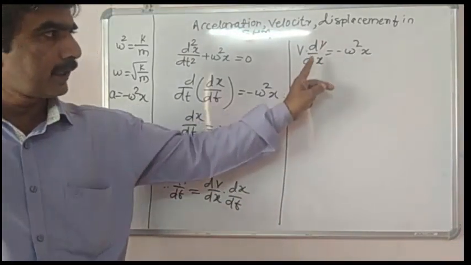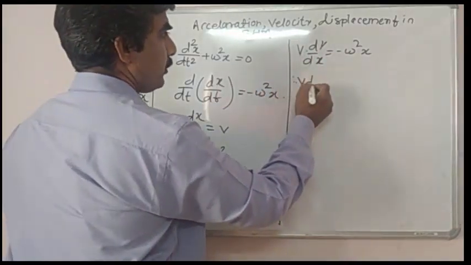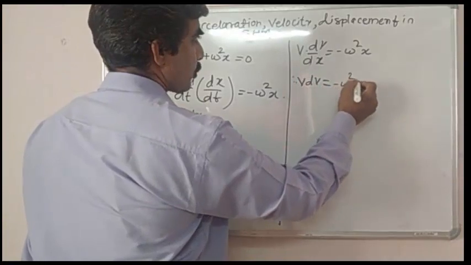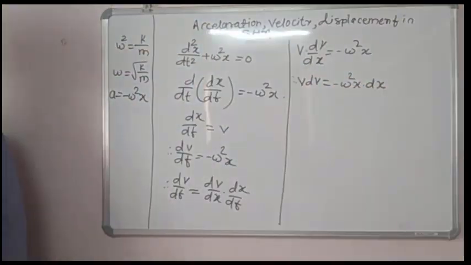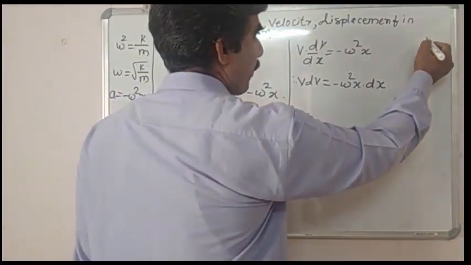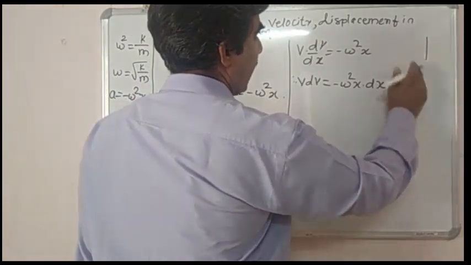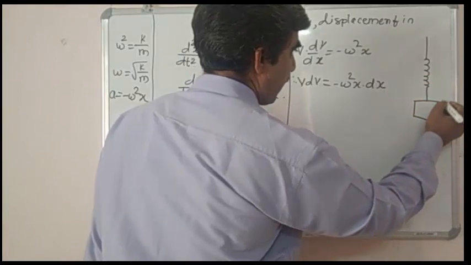Now, before taking the integration of both sides, v into dv equal to minus omega square x into dx. Now the values for x at extreme and mean position. Let us consider the simple harmonic motion of this block.